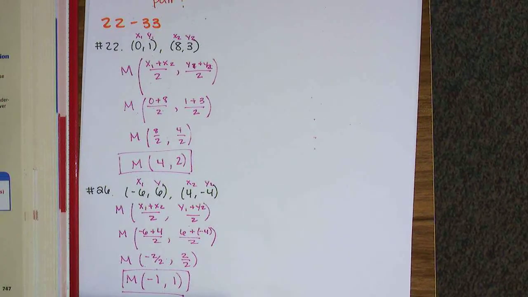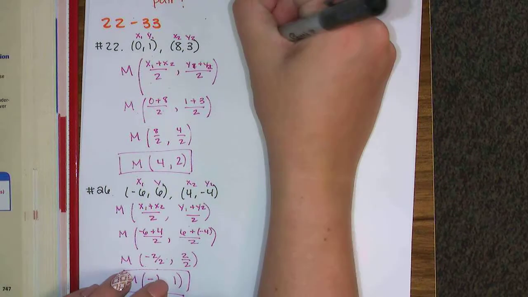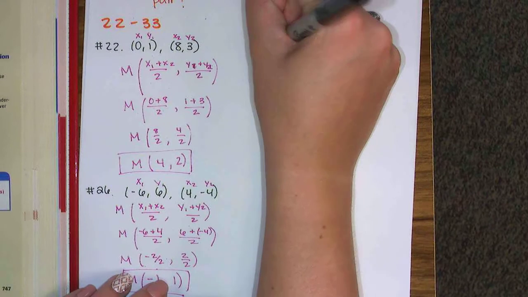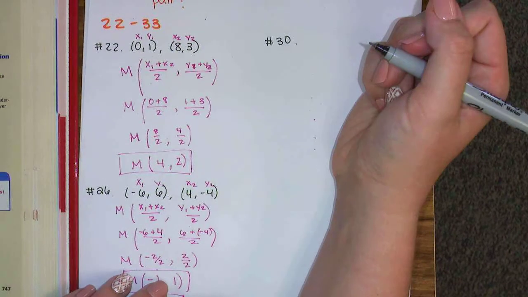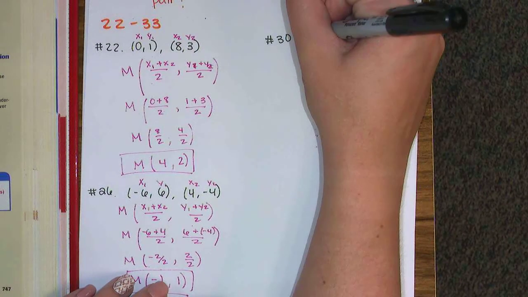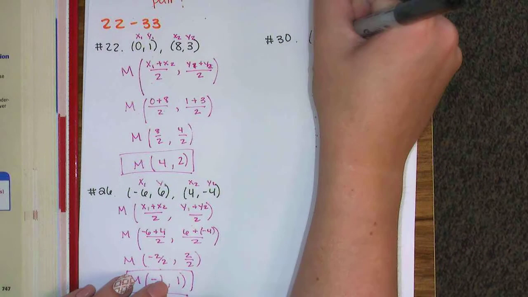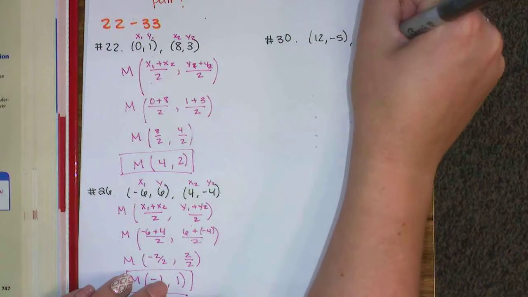Alright, so again, these are probably actually easier, to be completely honest with you. There's no squaring or anything involved, just adding and then dividing by 2. Let's see. How about 30? We have 12, negative 5, and negative 12, 4.